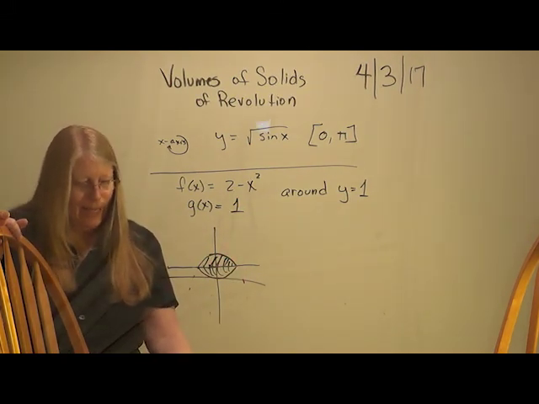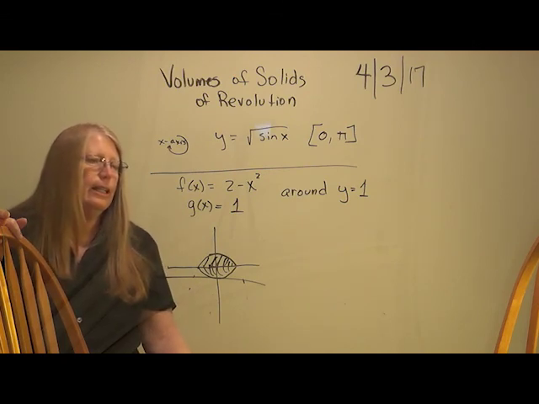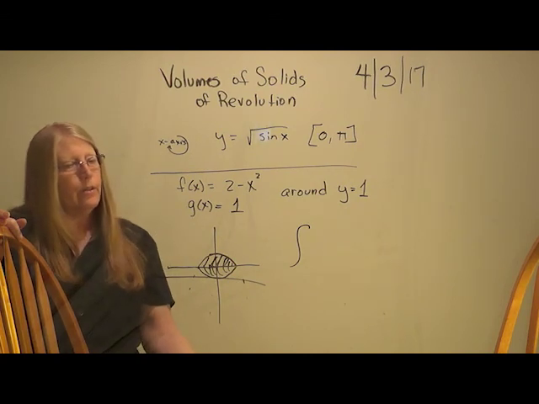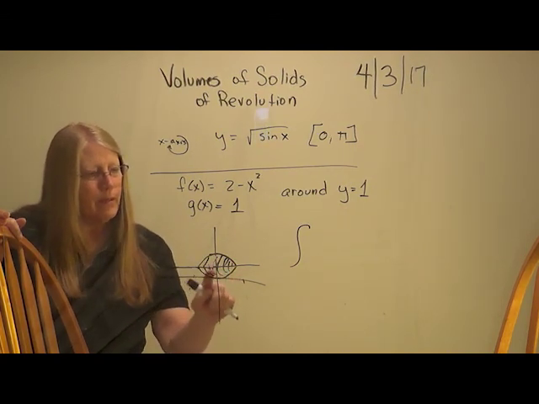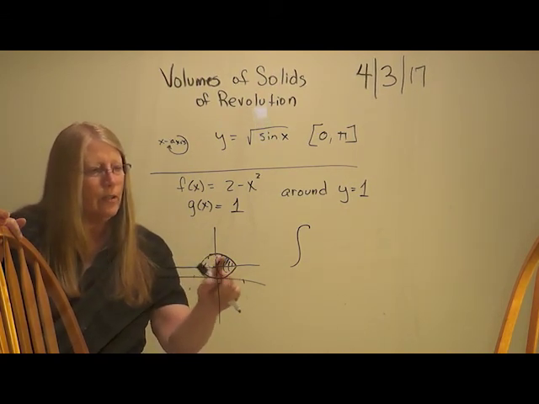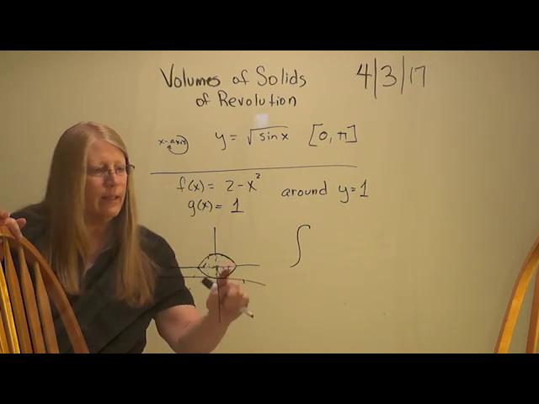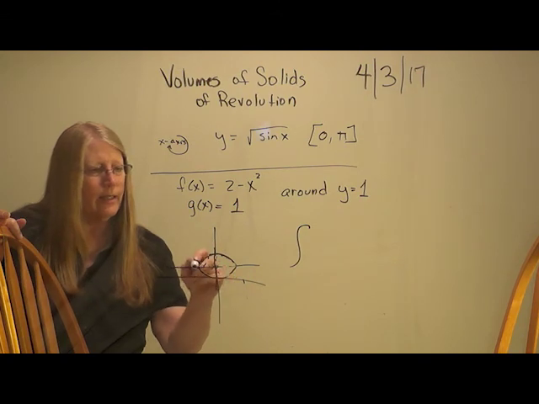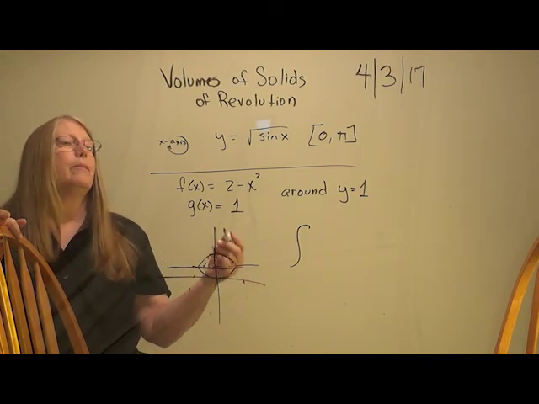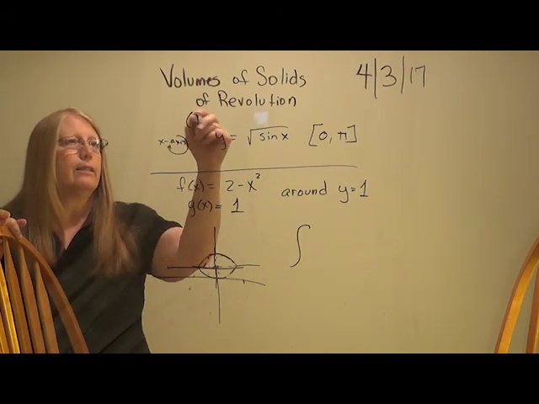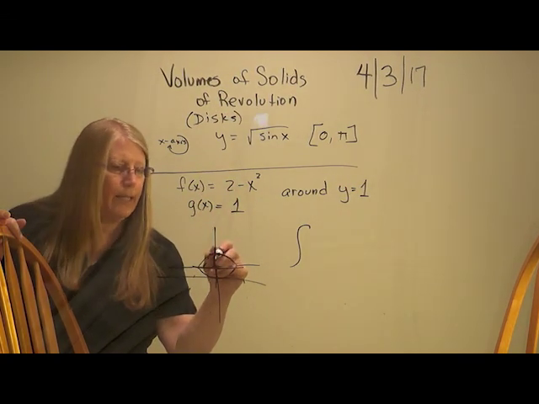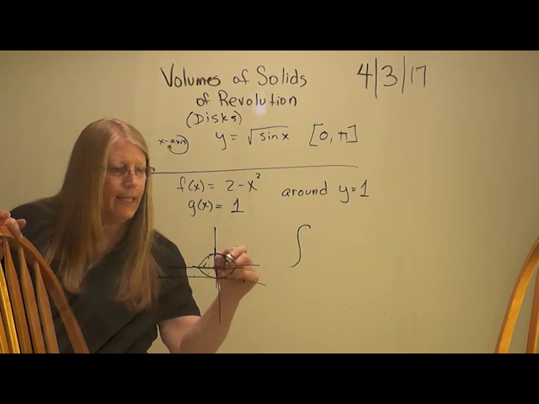So with that, let's go ahead and discuss the integral. I'm going to remove some of these lines so I can draw my representative slice. We call these slices disks, so volume of revolution disks. Let me draw my pennies or my disk.